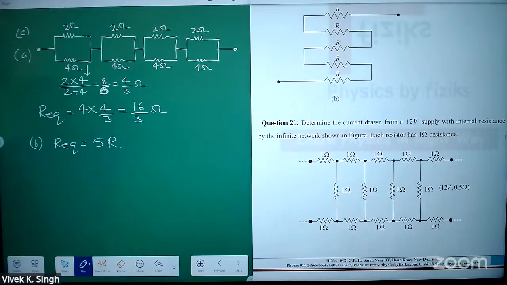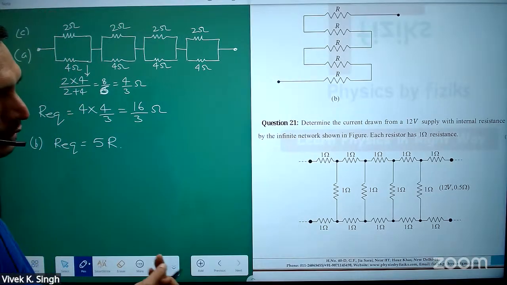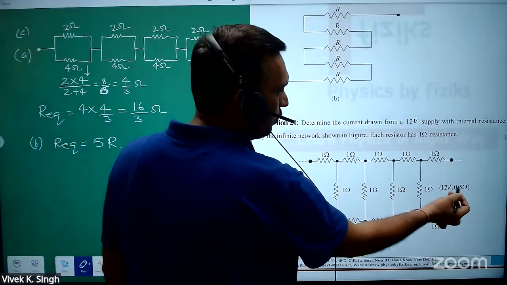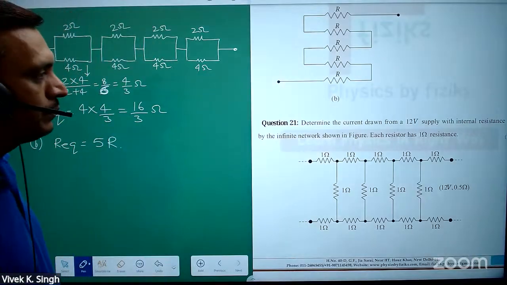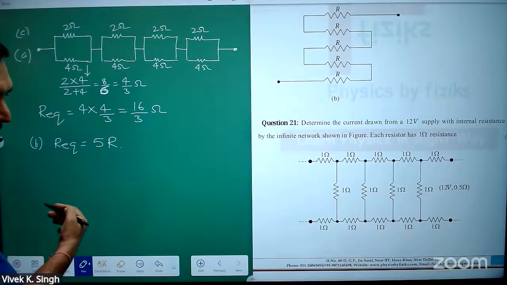So if you know the equivalent resistance, you can find the current drawn. First you have to find the equivalent resistance, and then if you apply 12 volt with internal resistance 0.5, you will get the current drawn. So try to find.